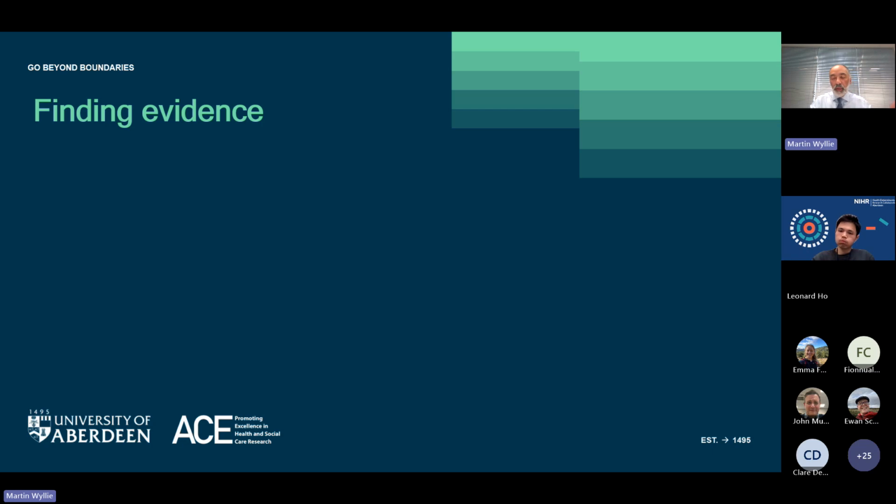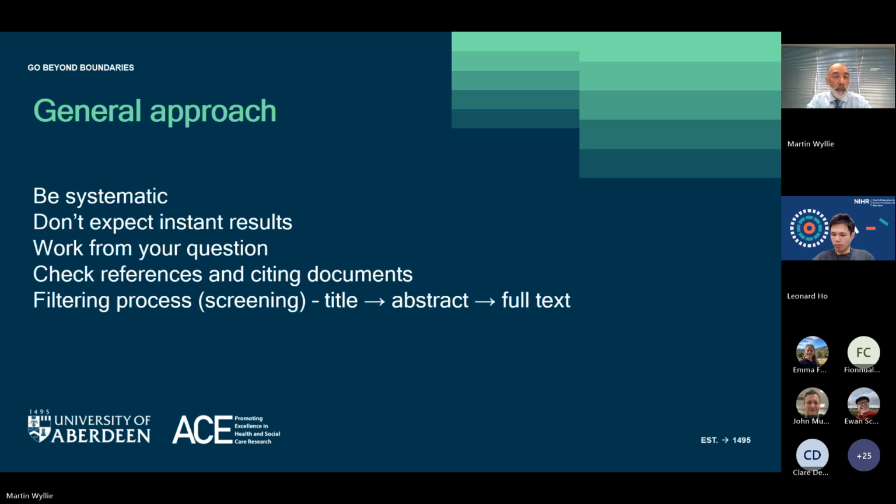So in terms of actually finding the evidence itself, the general approach to it, firstly, we need to be systematic. So even for a work-based search, or perhaps indeed particularly for a work-based search where you haven't got a lot of time to go about it, it's very important to realize that the search itself is a bit of a process.